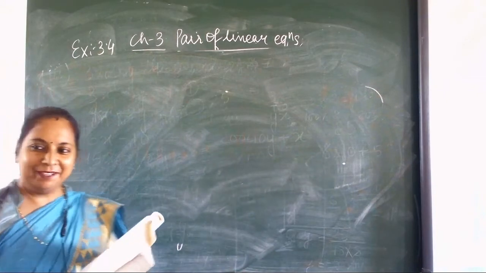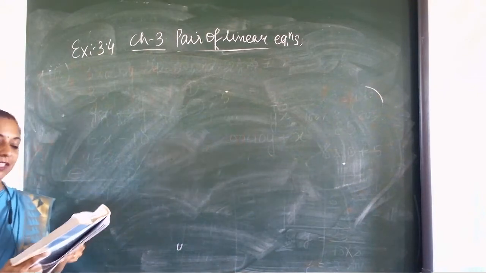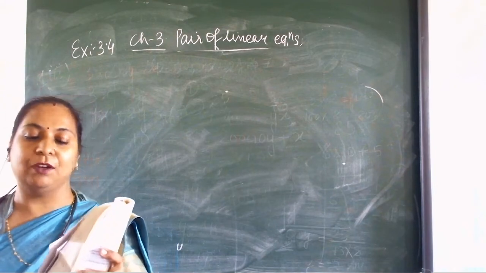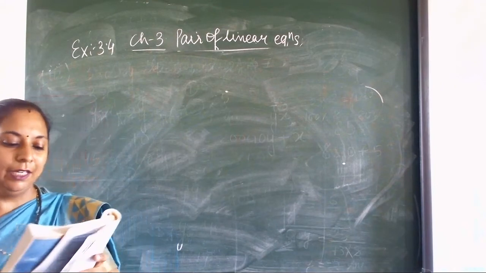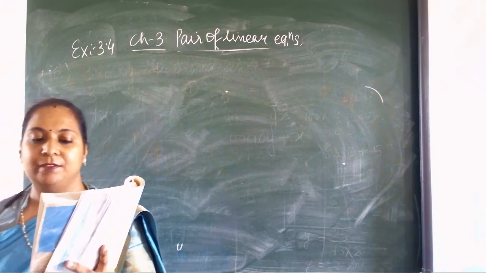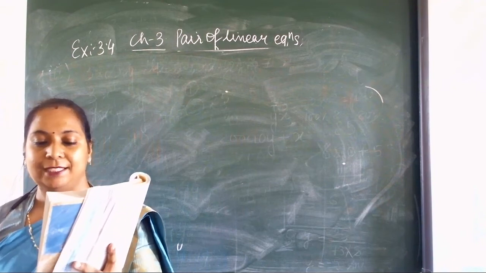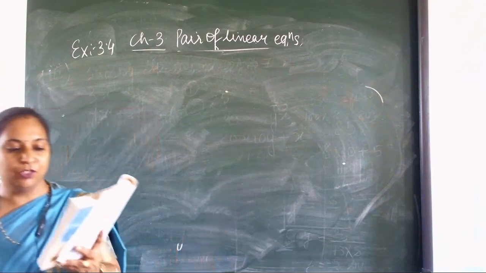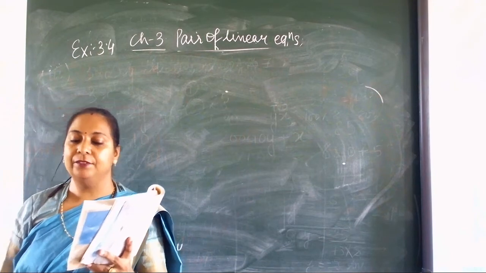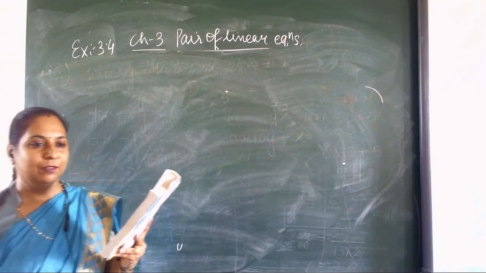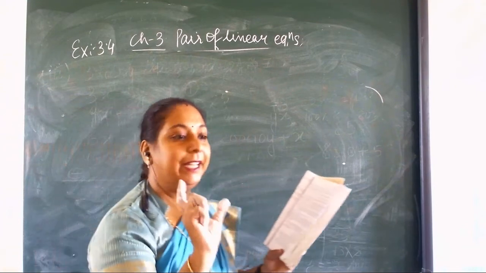A lending library has a fixed charge for first 3 days and an additional charge for each day thereafter. Sarita paid ₹27 for the book kept for 7 days, while Susy paid ₹21 for the book she kept for 5 days. Find the fixed charge and the charge for each extra day. So the fixed charge is there for the 3 days.